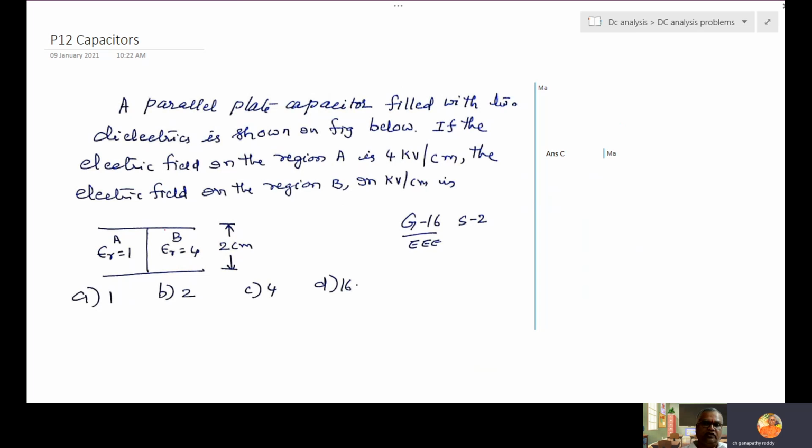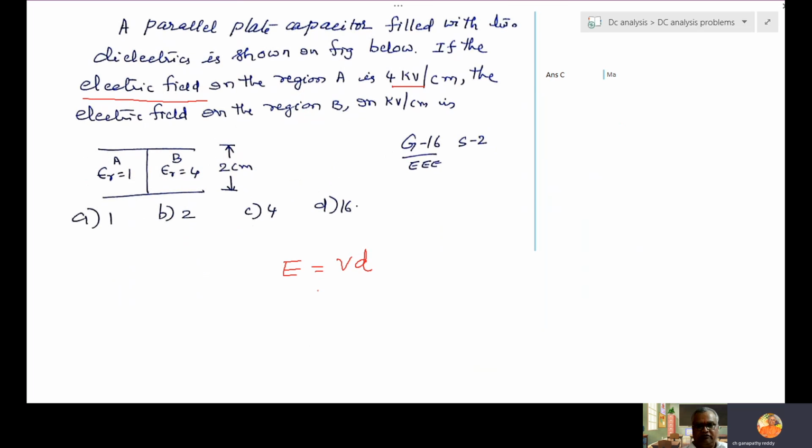If the electric field in region A, E, is 4 kilovolt per centimeter. There is a formula E is equal to V by D, where E is the electric field, V is the voltage across, and D is the distance. Now, these two capacitors are connected in parallel.